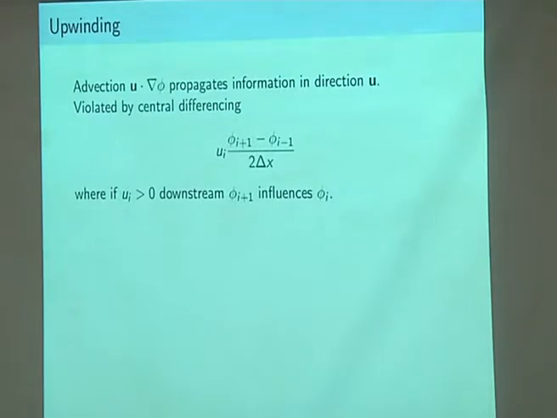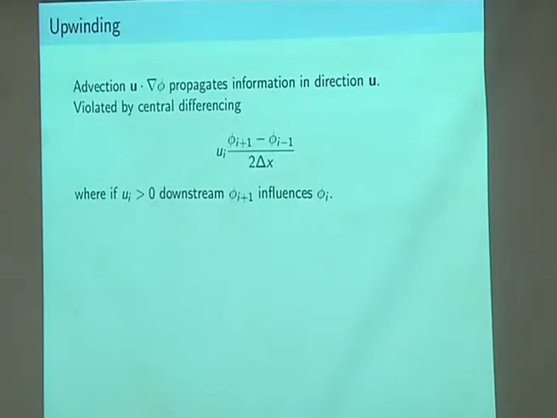Unfortunately, if the velocity is positive, it's using information from where we're going to tell us what the value is. That's nonsense, isn't it? I'm using the answer to tell you what the answer is. I should only use information at i and before, at i minus 1.